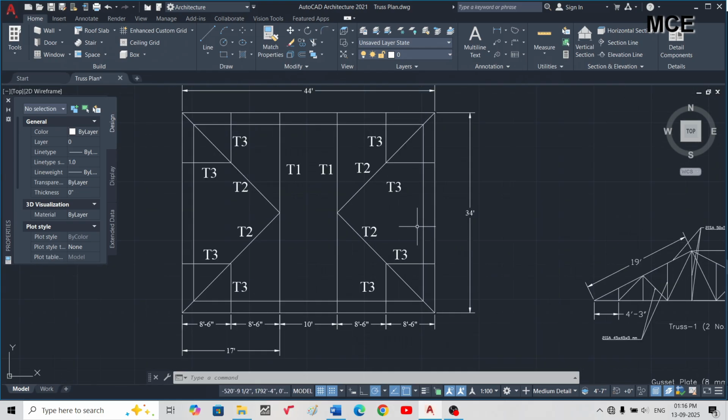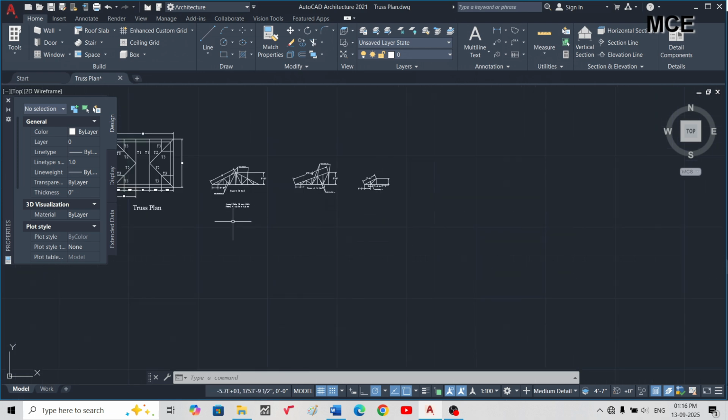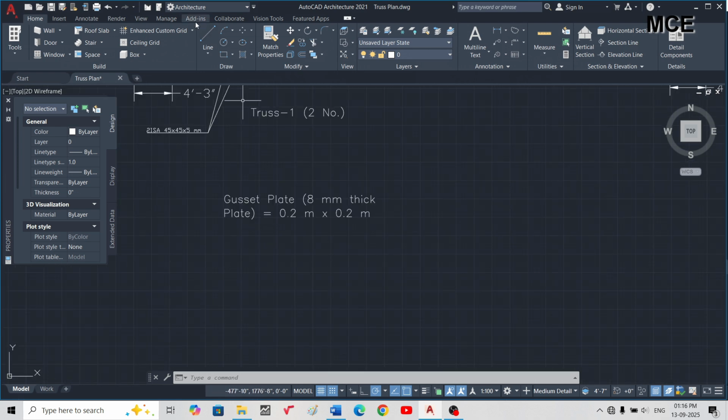Okay, so 22 base plates will be required for this building, and its thickness should be more than the gusset plate.